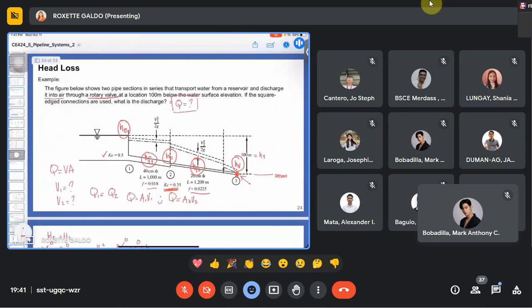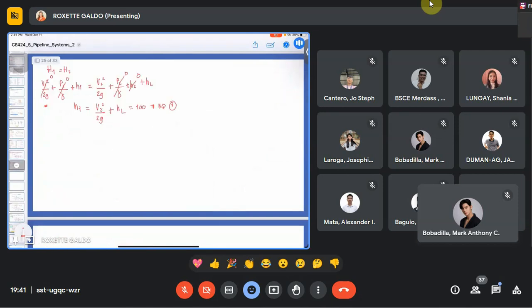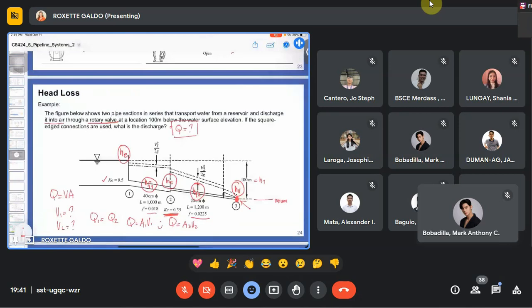So there are 5 different causes of head loss. We can get HL by summing up all of these head losses. We have HE, HF1, HC, HF2, and HV.